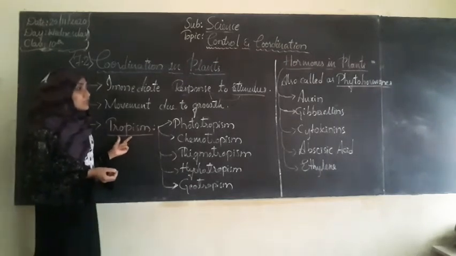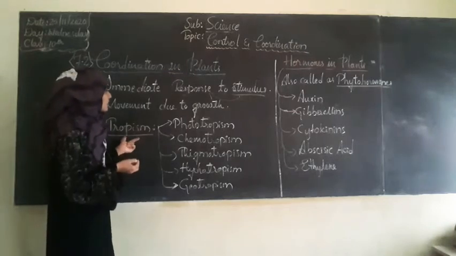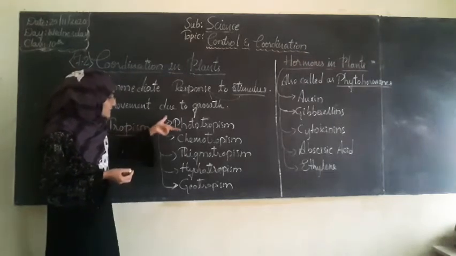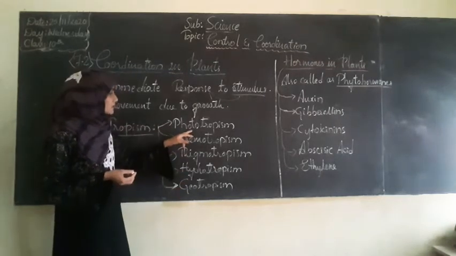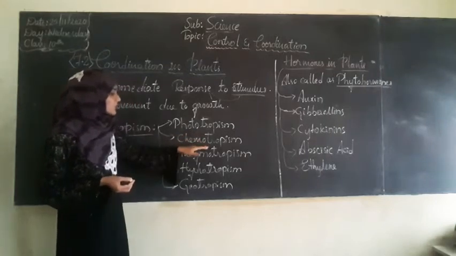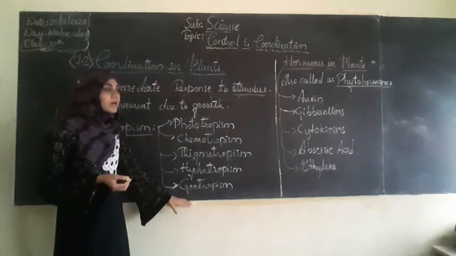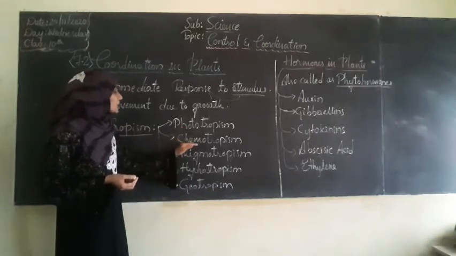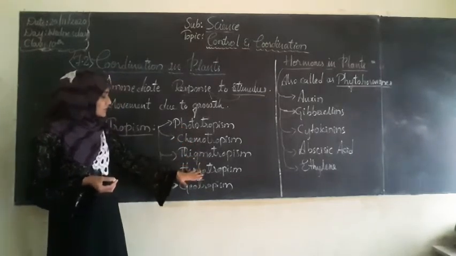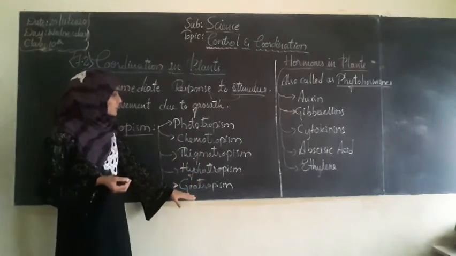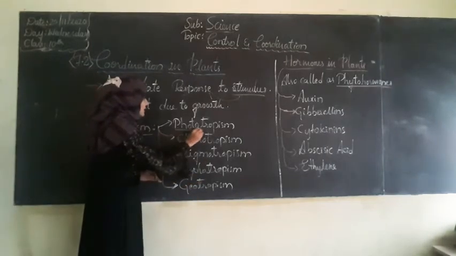Here you will see what is meant by tropism. In tropism you will study different types: phototropism, chemotropism, thigmotropism, hydrotropism, geotropism. I repeat, phototropism, chemotropism, thigmotropism, hydrotropism, geotropism. In general, I will explain briefly here.